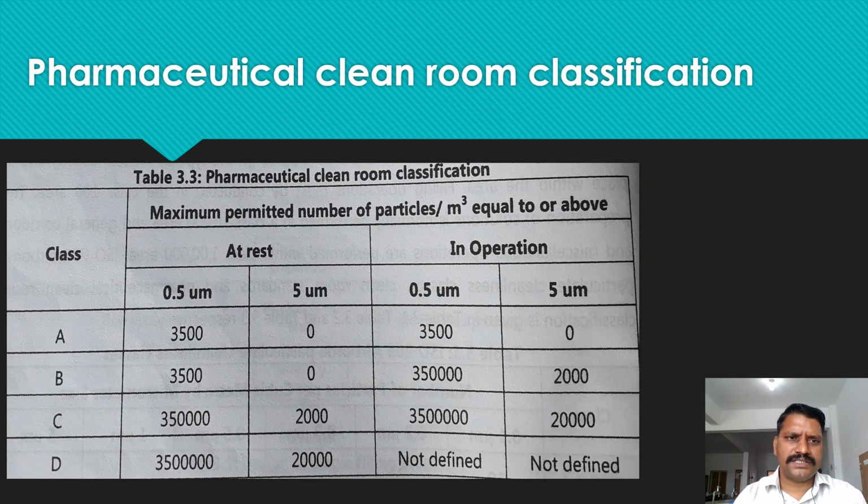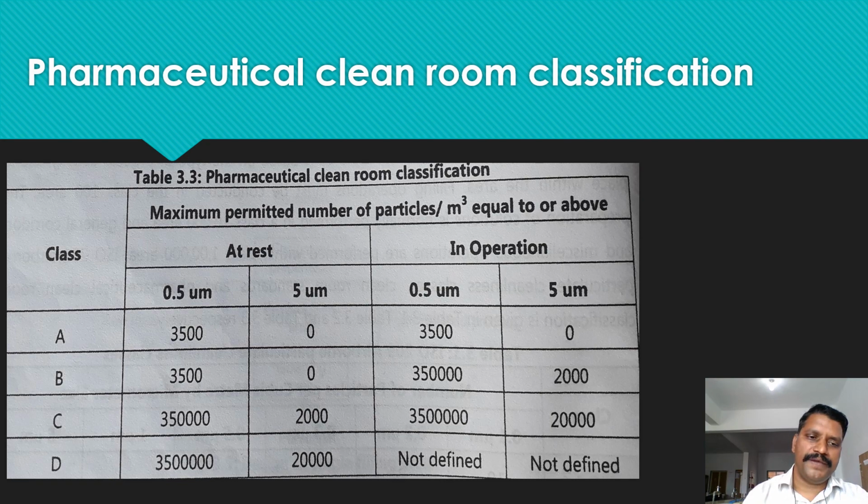And this is the pharmaceutical clean room classification, class A, B, C, D, with the maximum permitted particles per cubic meter equal to or above, at rest and in operation. At rest means without any operation, and in operation means during the process. Class A area: 3500 is the maximum permitted number of particles per cubic meter at rest, and at 5 micrometer size, 0.